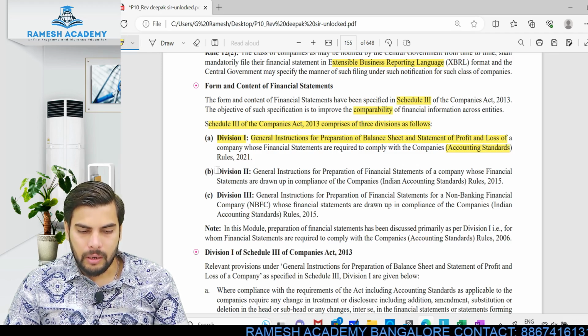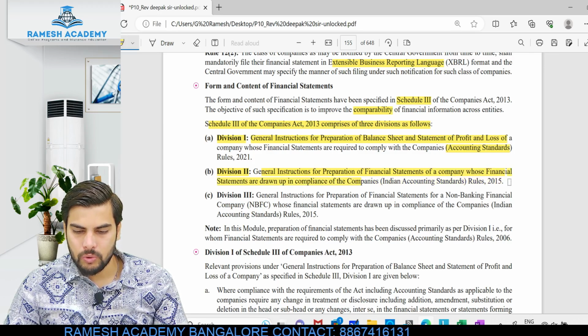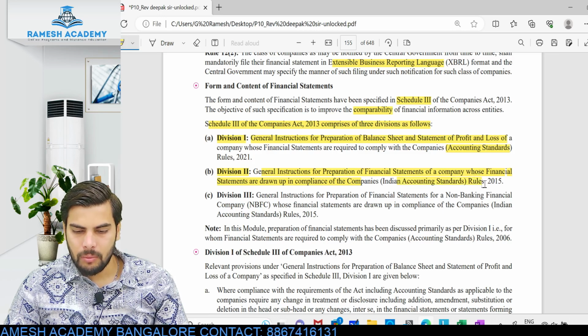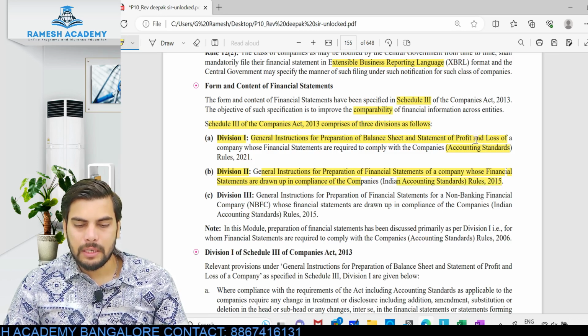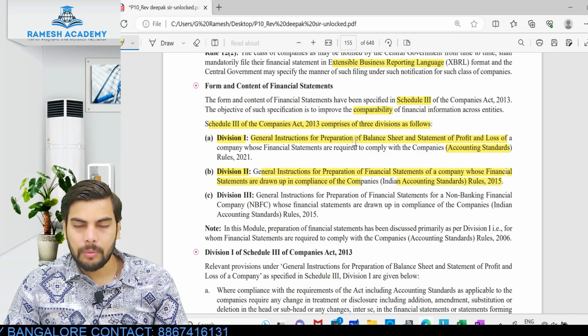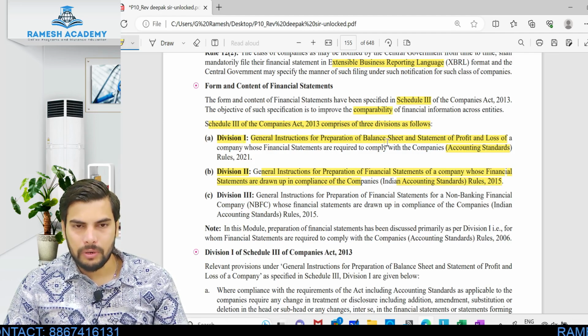When it comes to Division 2, the general instructions are for preparation of financial statements of companies whose financial statements are drawn in compliance with the company's Indian Accounting Standard Rules 2015. Here they talk about compliance with what? Previously they talked about compliance with accounting standard. Look at this: general instructions for preparation of balance sheet and P&L account of a company whose financial statements are required to comply with accounting standard.